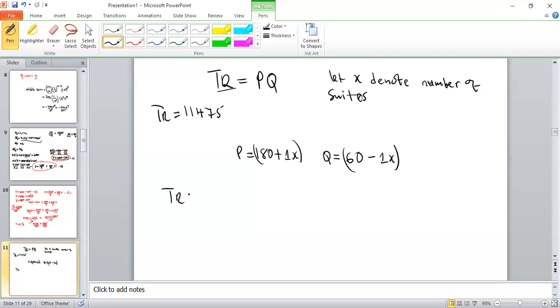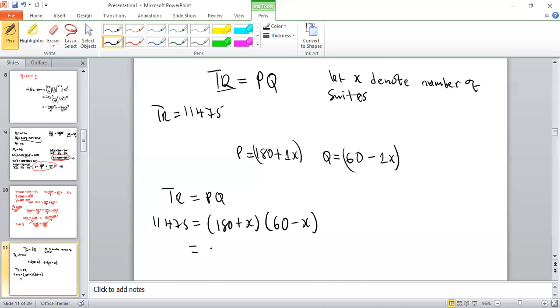So total revenue in our case, which has been given, gives us the equation P times Q. Then we have 11,475 equals (180 plus X)(60 minus X). Then solve the equation. Of course, you can expand that.